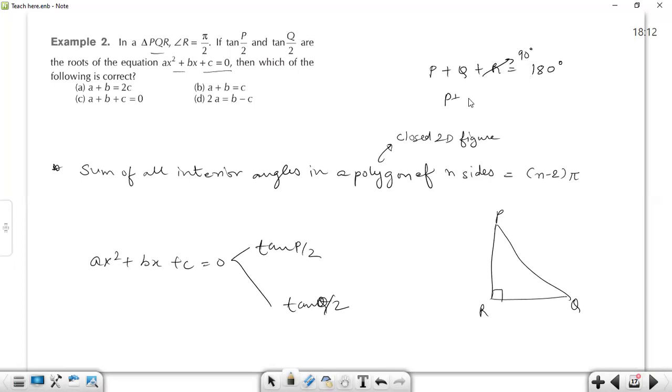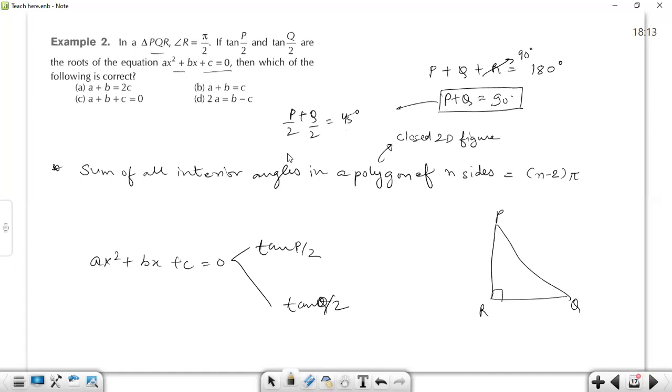So the sum of P and Q angles must be 90 degrees. But we are discussing the tangent of the half angle, so let's divide this equation on both sides. 90 by 2 is 45 degrees.